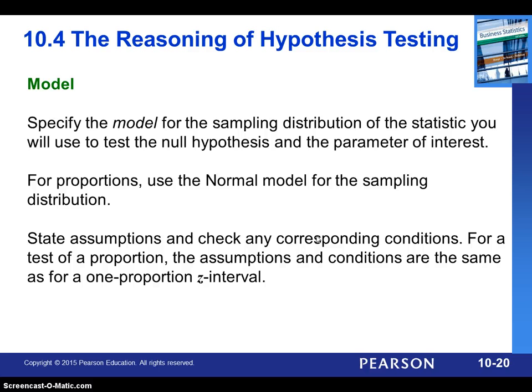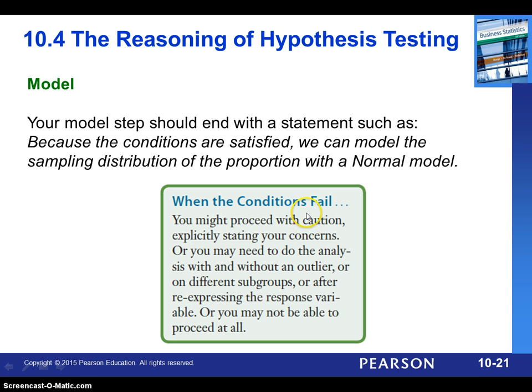Independence too, so we have to try to ensure that the data we collected are independent pieces of data, and if all those things check out, then we can run the normal model. It would be even better if we can get some samples and see how these proportions map on a histogram, and if the histogram looks like a normal curve, well then boy, we've really got it nailed and we can use the normal model.